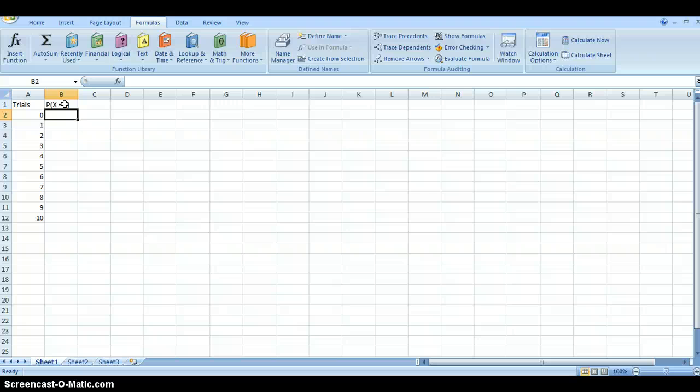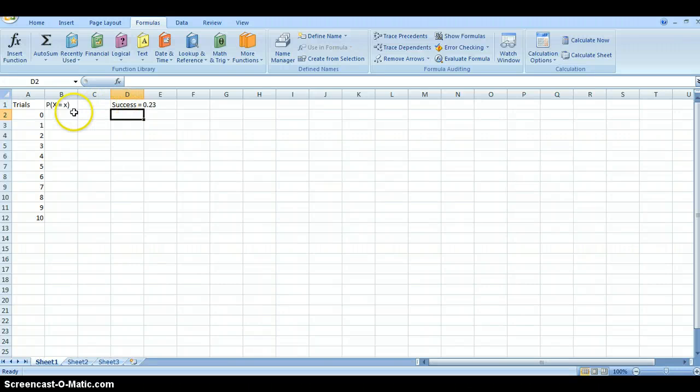So for this example, we're going to say that a success is 23%, which is your p-hat, which means that q then would be 77, but I don't need that value for this.